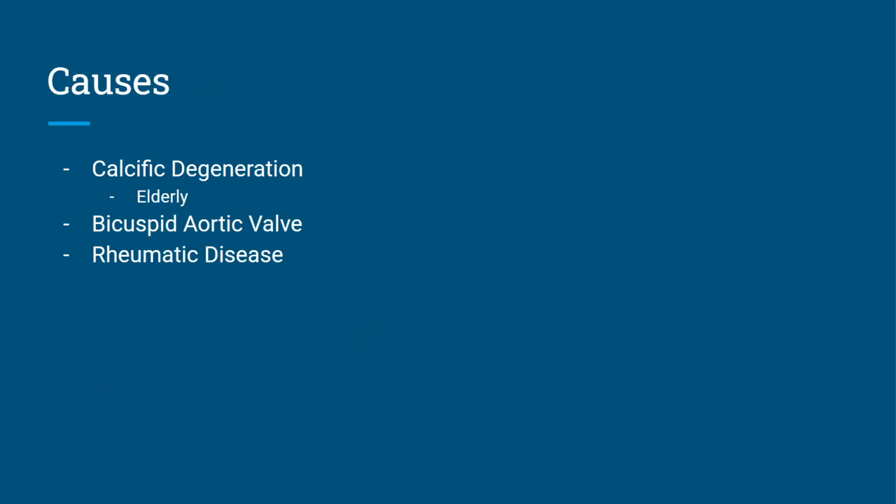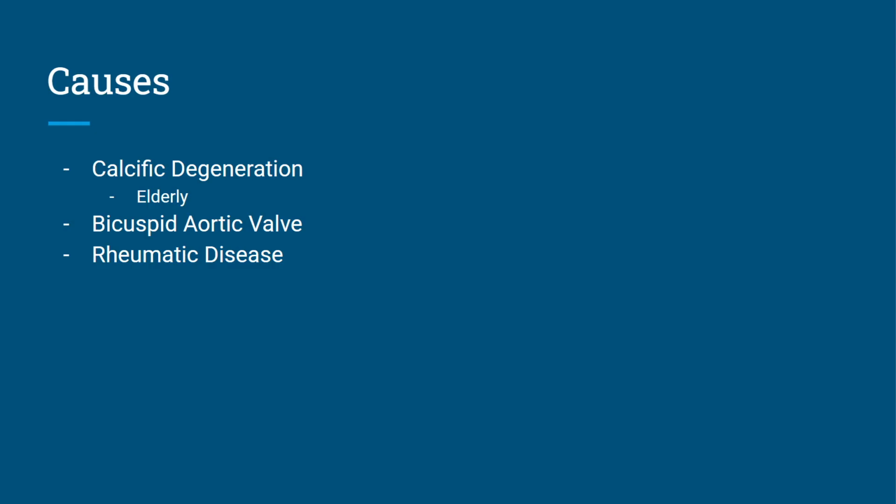And some of the causes of aortic stenosis: it's usually related to age-related calcific degeneration, and it's typically seen in elderly patients. But you can get a congenital bicuspid aortic valve, which can lead to earlier calcification and stenosis. Rheumatic heart disease is also a cause, but it is definitely less common than the other two.